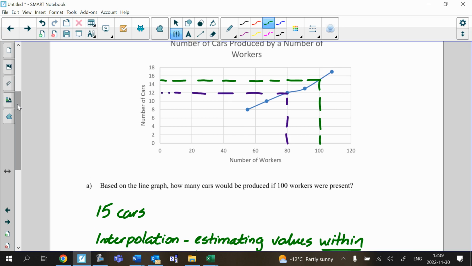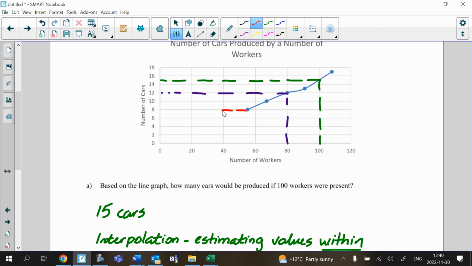Would it be reasonable to say it does this? Why not? Yeah, it's steadily increasing, not quite here, but pretty steady here. So this wouldn't be a good way to do it. Probably the best way is to just continue this straight line that's happening here.